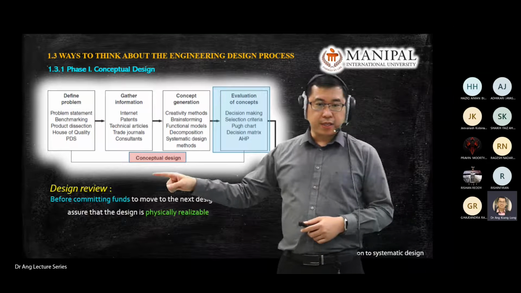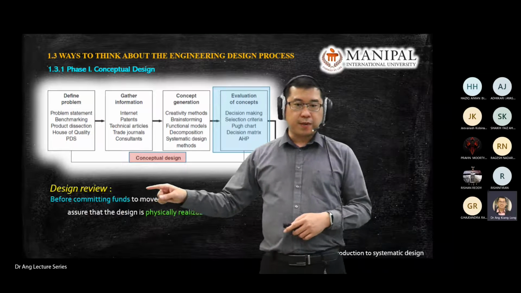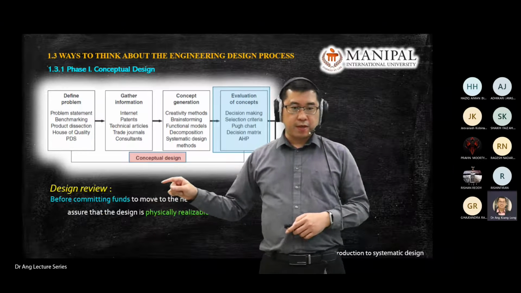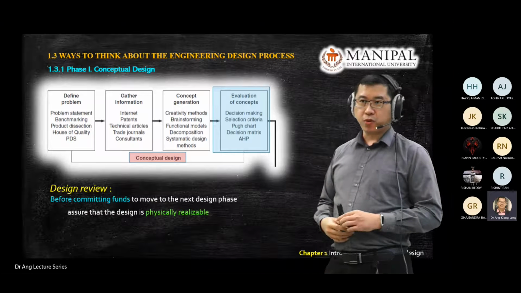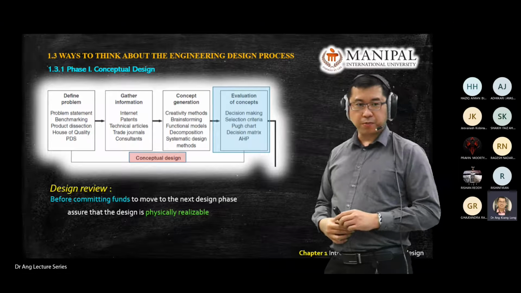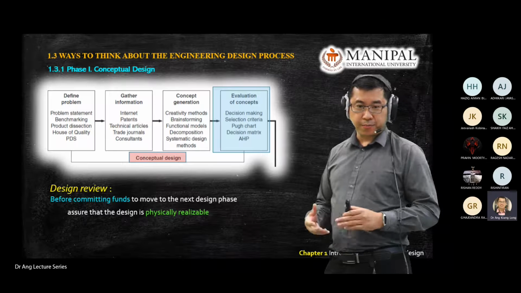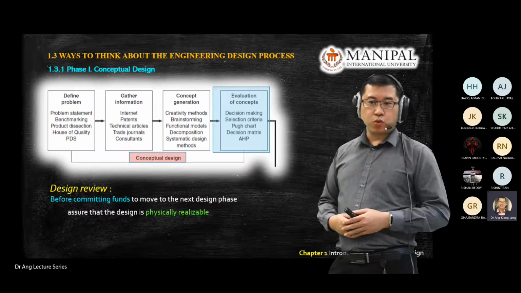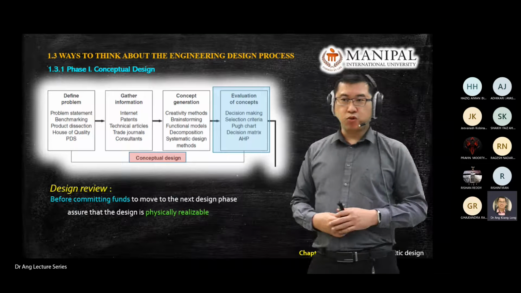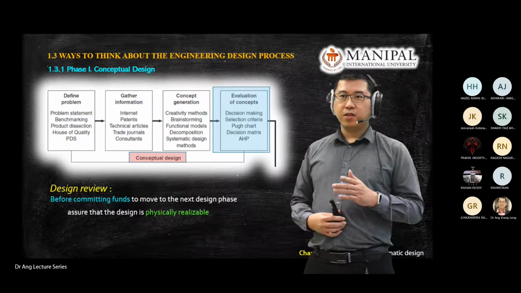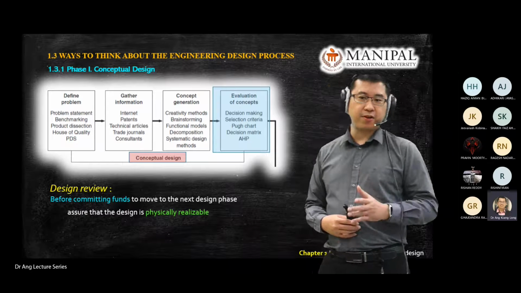Then what happens in the design review? Design review means that you ask an important question like, is it possible for me to fabricate this part or not? For example, going direct into our go-kart project, during the design review process you ask, am I able to produce this part or not?